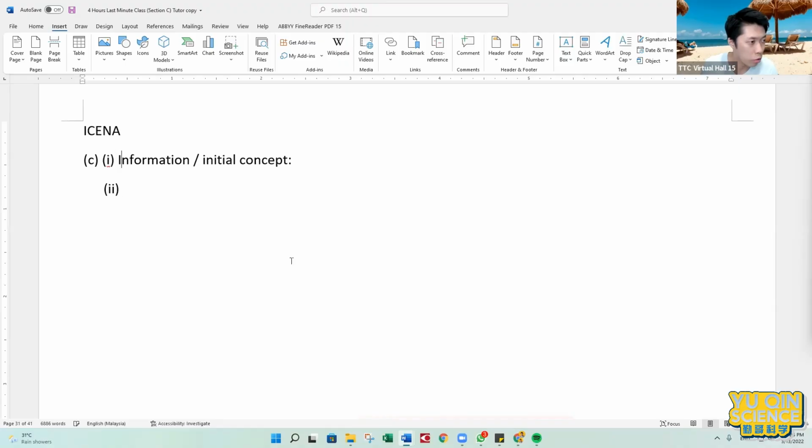Then number 2, C stands for 2 common characteristics.